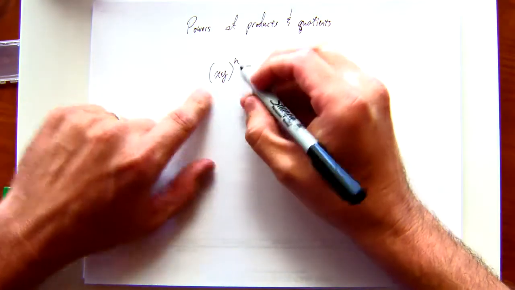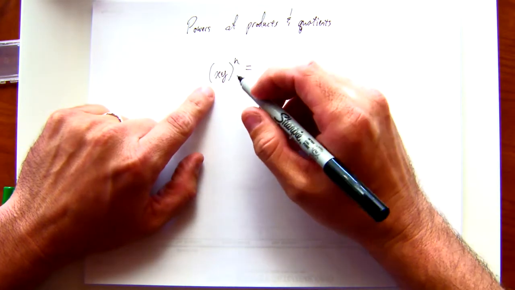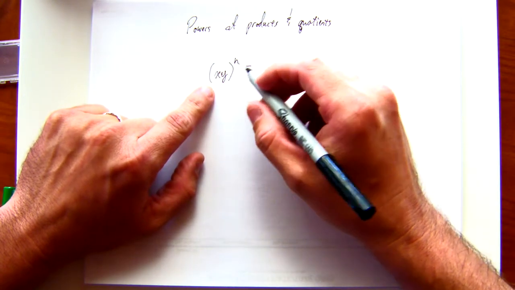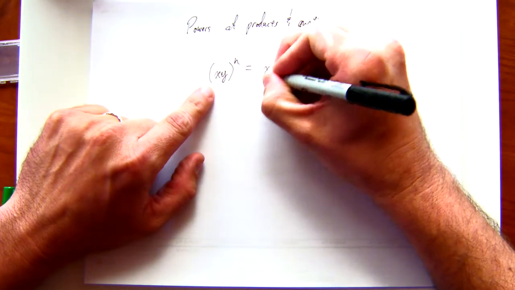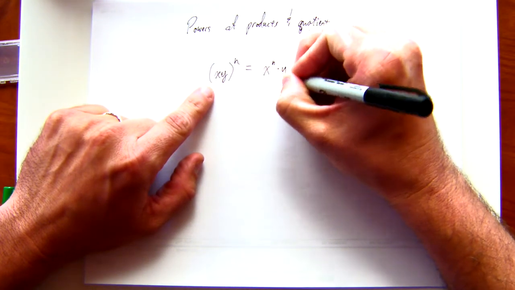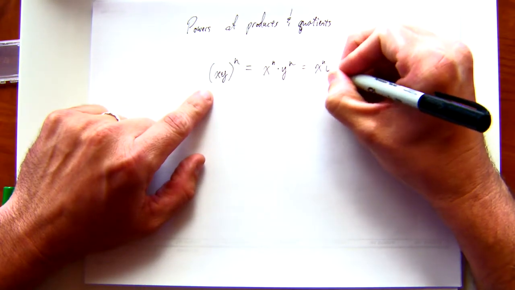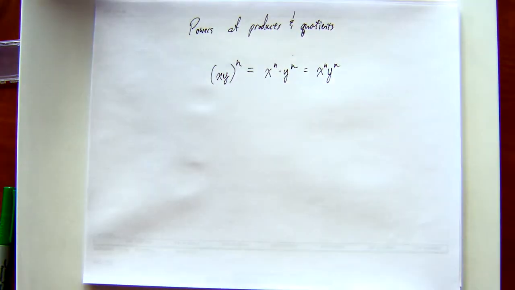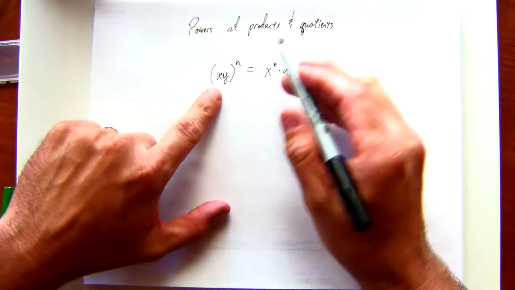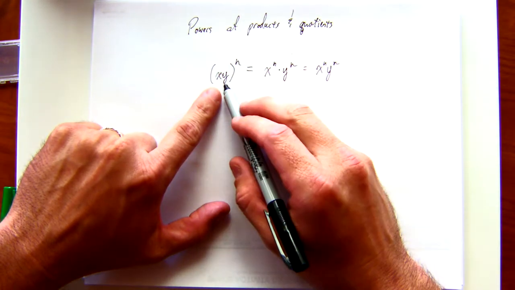The rule is you can sort of think about it as distributing, but this is just going to be x to the n times y to the n. Or we could write it x to the n, y to the n. This is a power of this product.